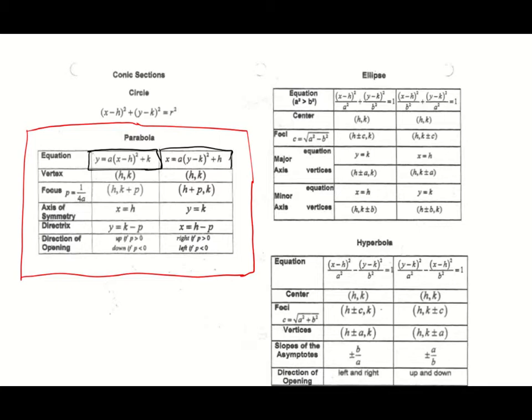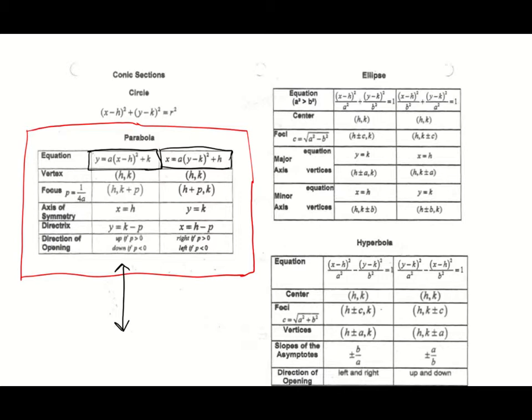And the difference between these equations is the direction of our parabola. So this first one, y equals, is our axis is straight up and down, vertical axis, and our parabola either opens up or opens down.